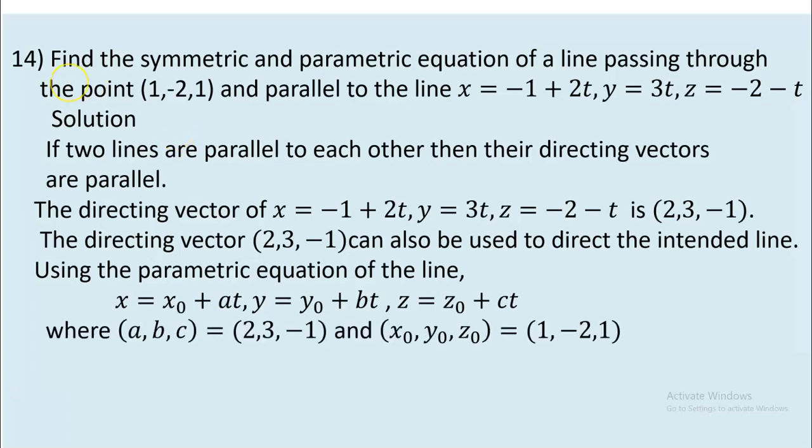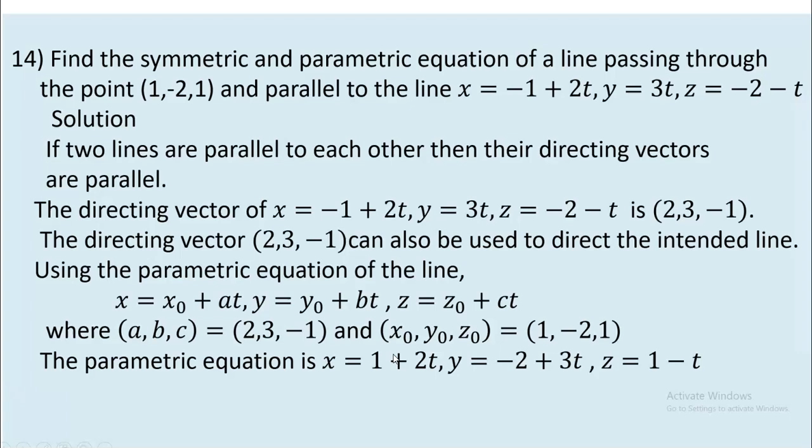So as it has been given, (a, b, c) is a vector with components 2, 3, -1, and the point (x naught, y naught, z naught) is already specified here as (1, -2, 1). So the next task is plugging these values in their corresponding places above.